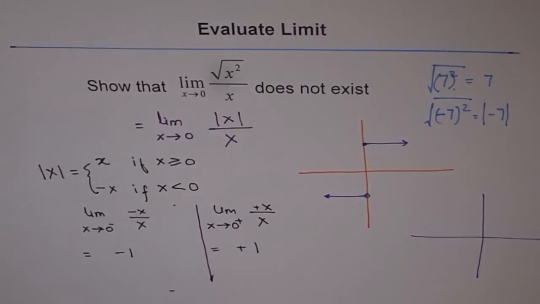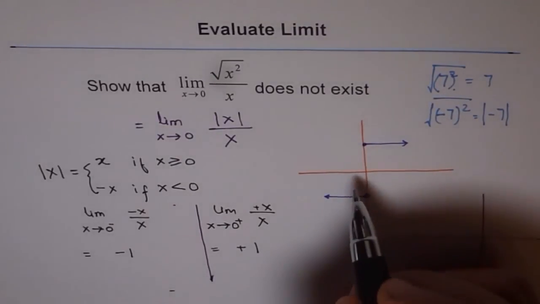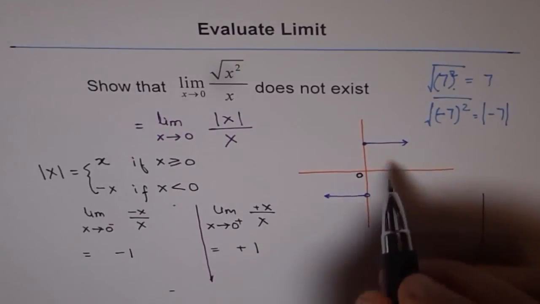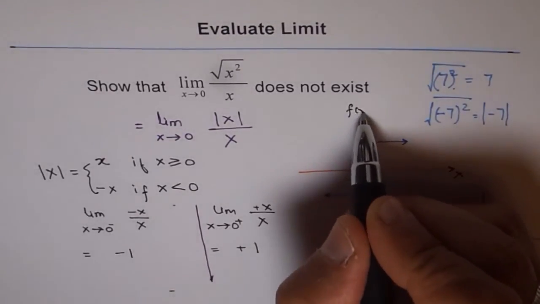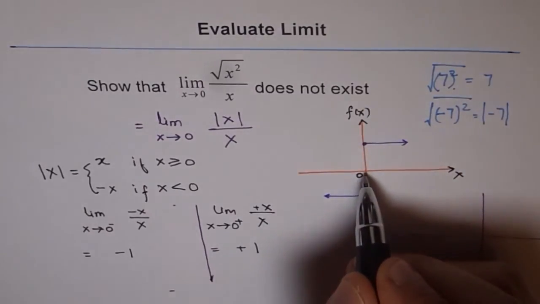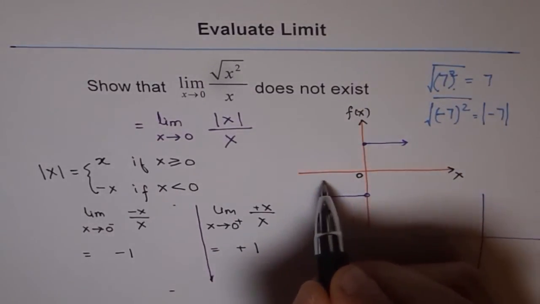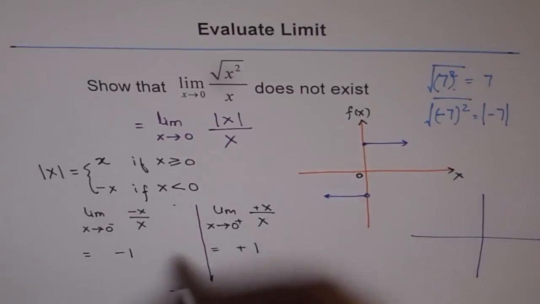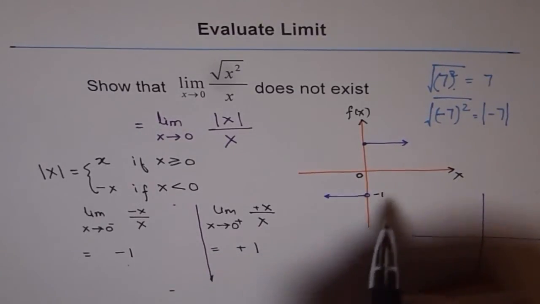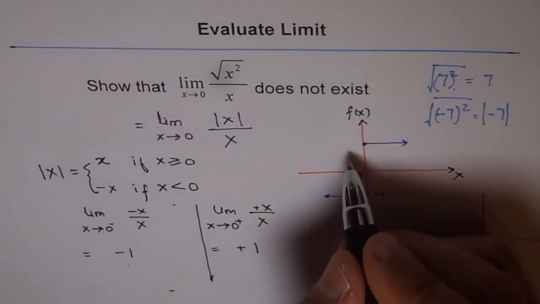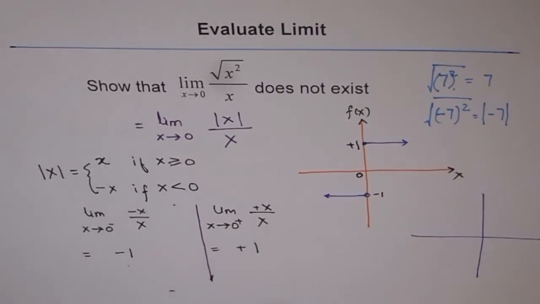As you can see from the graph also, that's our 0, right? That's our function f of x. If you are approaching from the left side, that is minus, right? Then you approach minus 1. And if you approach from the positive side, you approach plus 1.